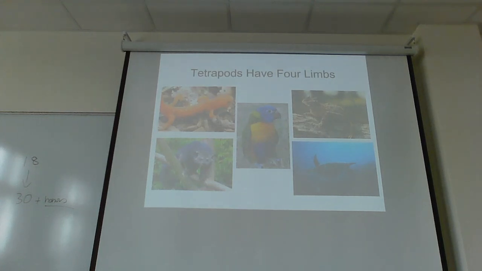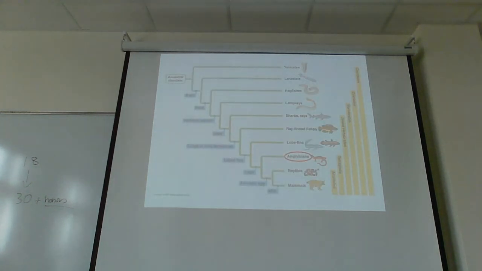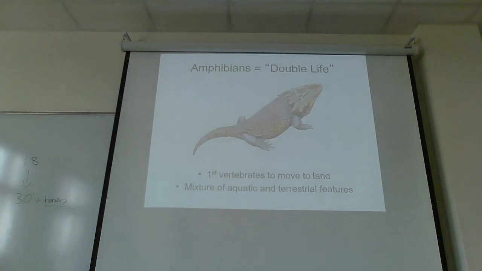Amphibians, as I said, are the first group. The word amphibian comes from amphi, meaning dual, and bios, life. So the name suggests these animals have a double life. What does this double life refer to?